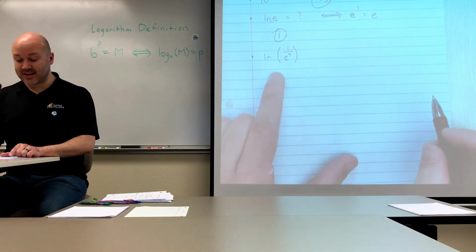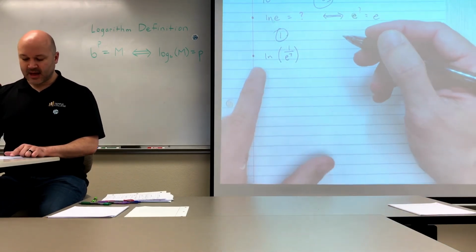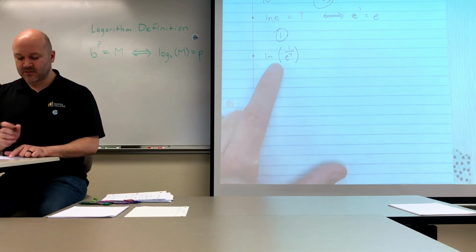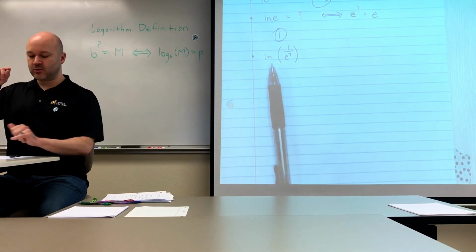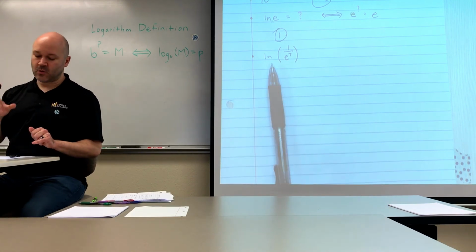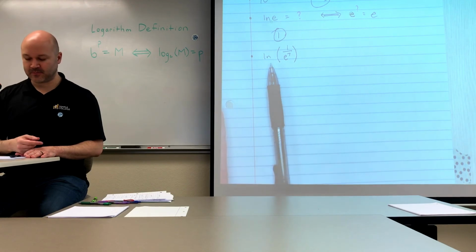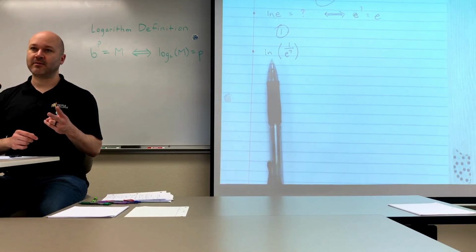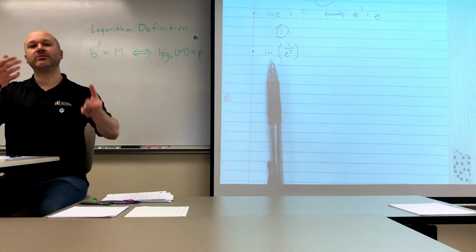All right, let's take a look at the natural log of 1 over e to the 7th power. I think I could just do this in my head, maybe. This is saying base e raised to what power would give me 1 over e to the 7th power. Two things are going on. I'm putting a 7 up there, and also I'm reciprocating.